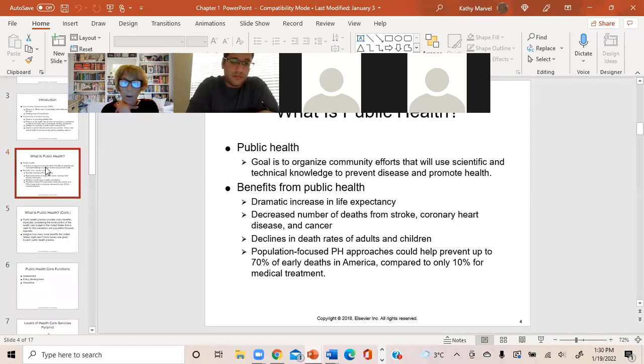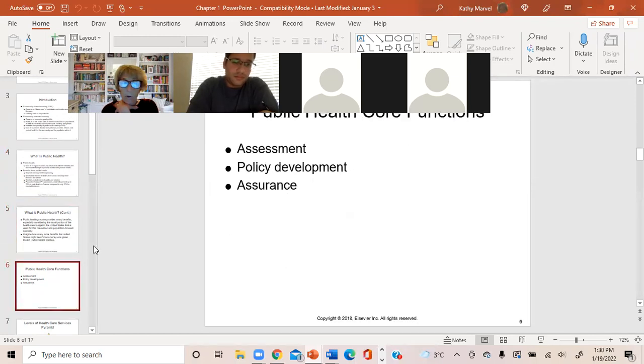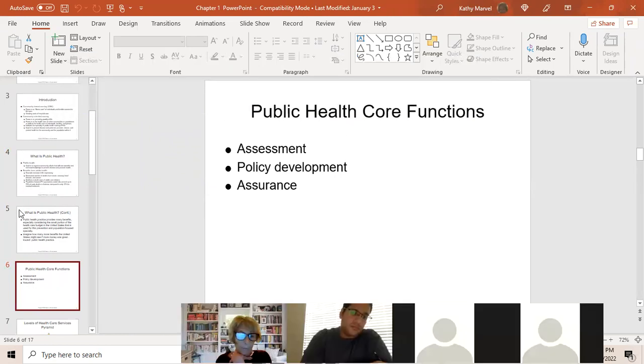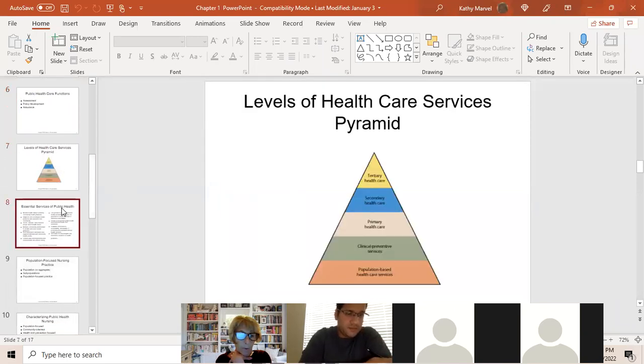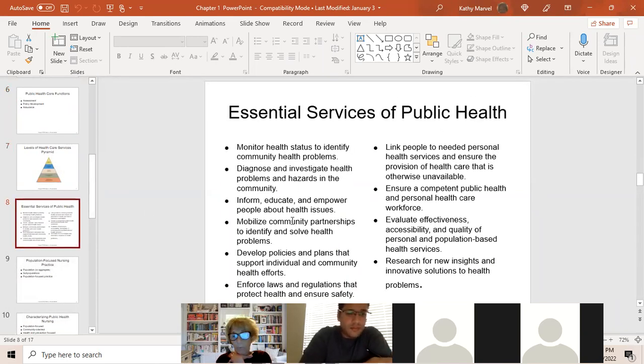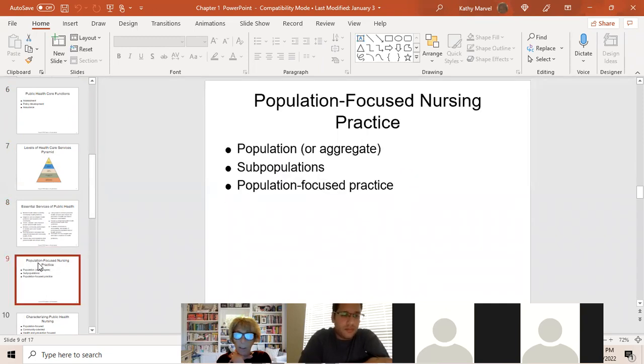What is public health? That's another objective. What are the core functions? Here they are, on slide 6. What's population? You can keep going through. What's population-focused nursing?